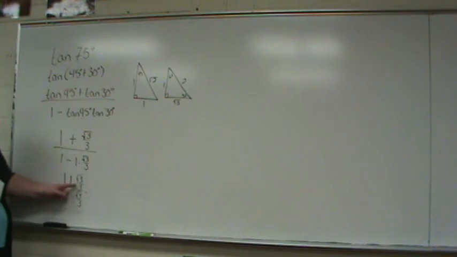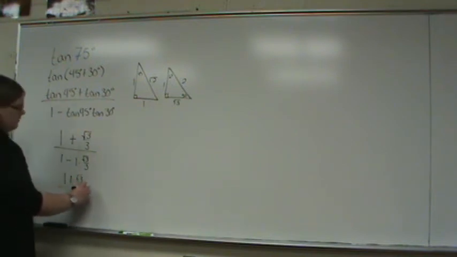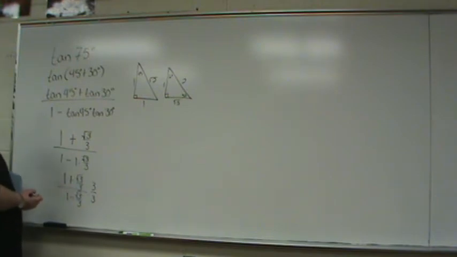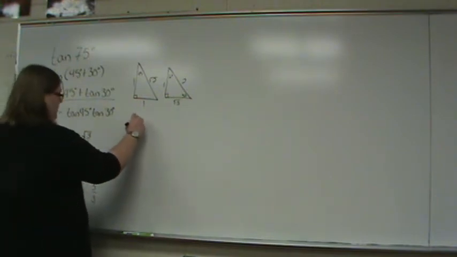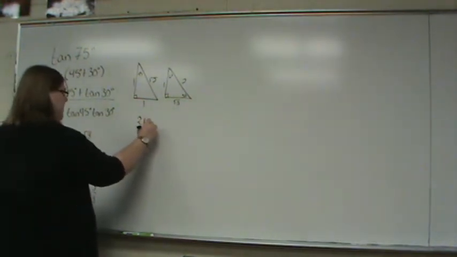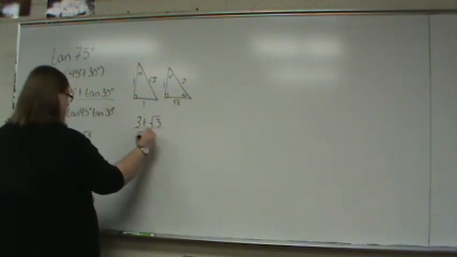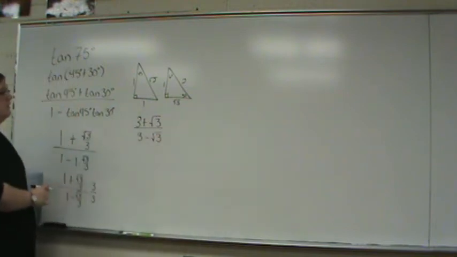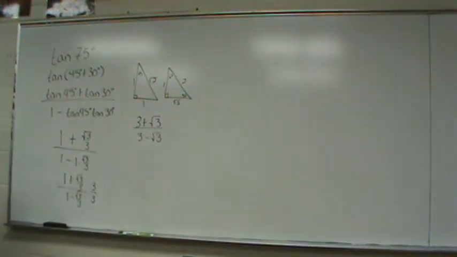That way we can get rid of this fraction, and then we just have more whole number answers. We're going to end up with 3 plus root 3 over 3 minus root 3 once we multiply by 3. That's just to get rid of that fraction. It makes it a little bit easier.